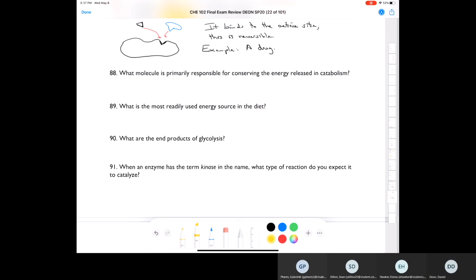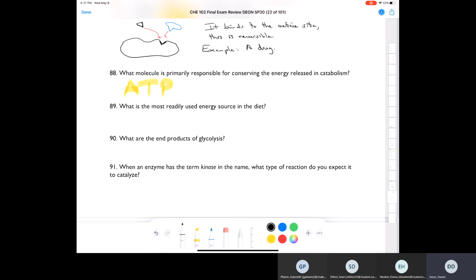No. How do we conserve most of the energy that we get from catabolism? What did we add up? What molecule were we always adding up at the end? ATP. Yeah, ATP. There we go. Shouldn't write with a highlighter, but what ifs.